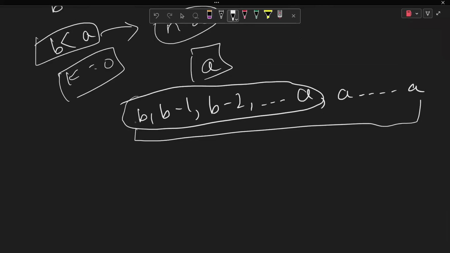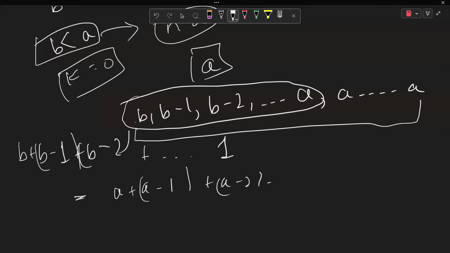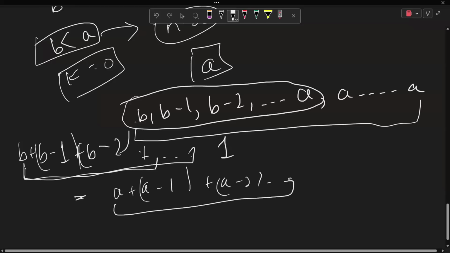In one way, you can count it as B plus B minus 1 plus B minus 2, up till 1, and you can subtract from that A plus A minus 1 plus A minus 2, up till 1. So if you subtract this sum from this sum, you would get this particular sum.